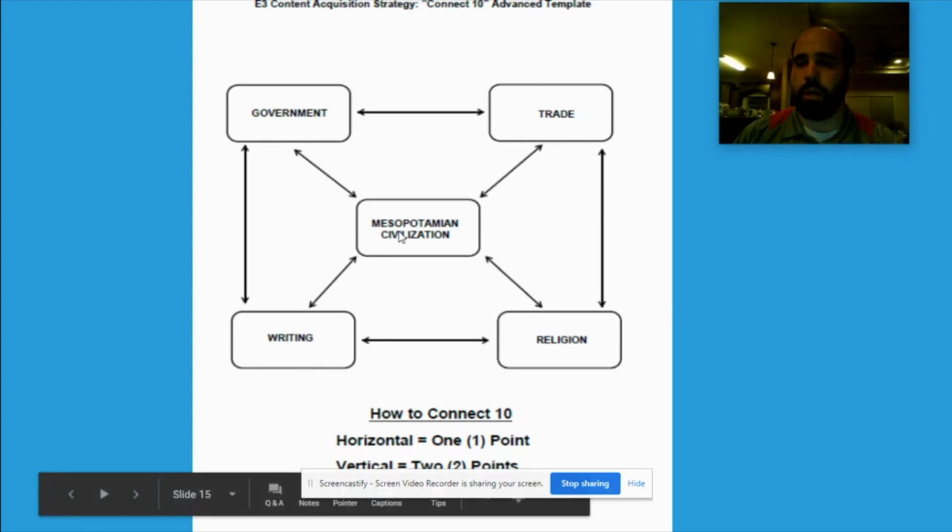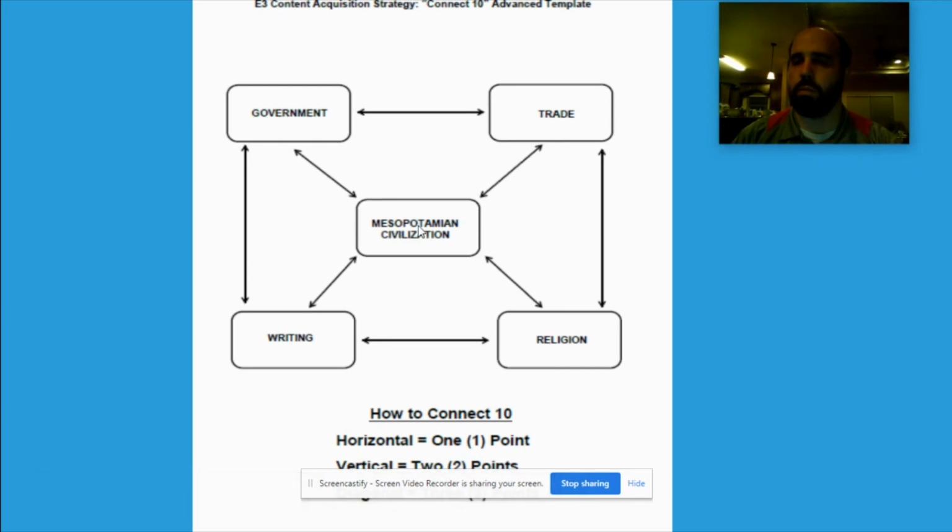All we've done here is, you notice you've added an extra term in the middle of our diagram, and now we're making connections from trade to Mesopotamian civilization, from religion to Mesopotamian. So we've got more connections to this central topic, and what that does is require more out of the students, more connections.